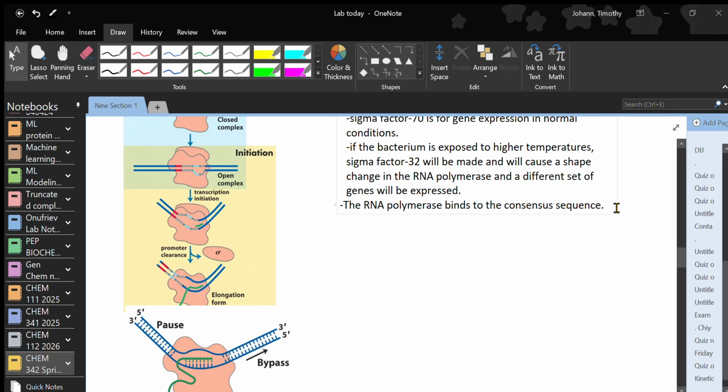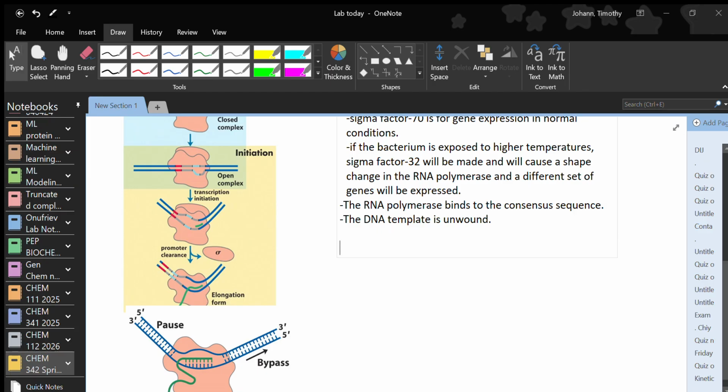So then what's going to happen is the DNA is going to get unwound. Okay, we get this unwinding. So we've got some sort of helicase activity here. The DNA template is unwound. And then we have an 8 nucleotide sort of primer or starter RNA made.